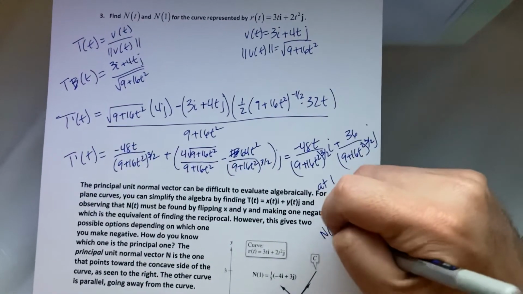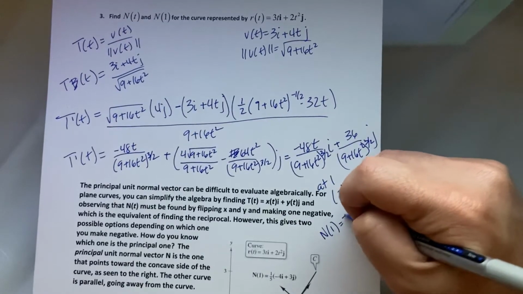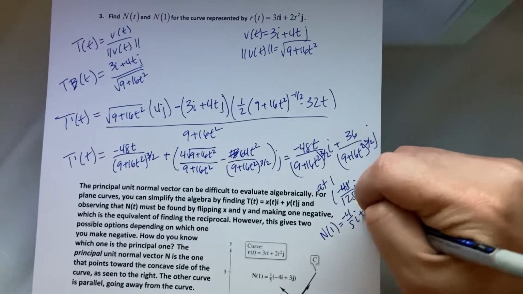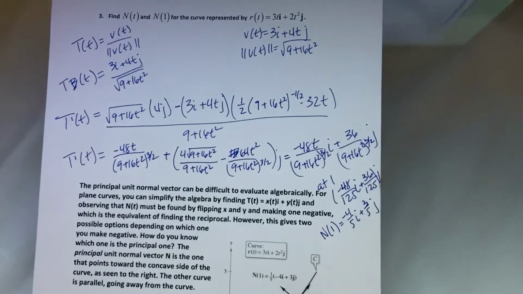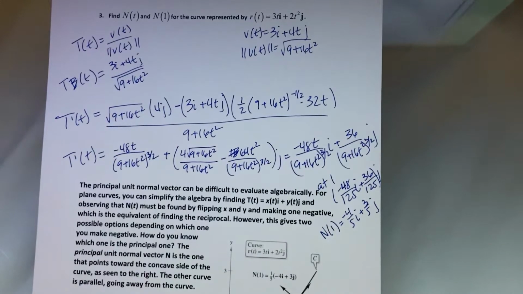So anyway, the N of 1 should be -4/5 i plus 3/5 j, just by the ratio. So I digress there.